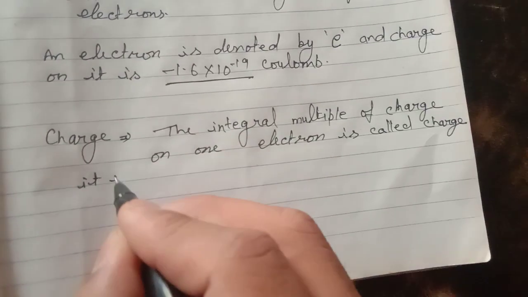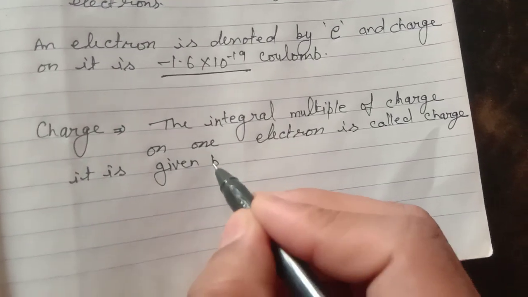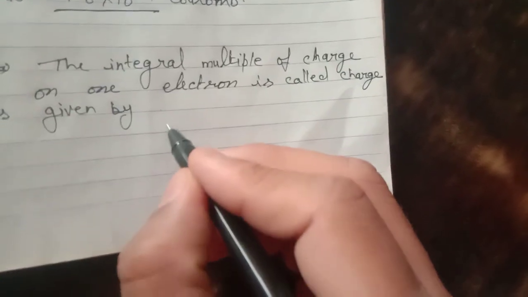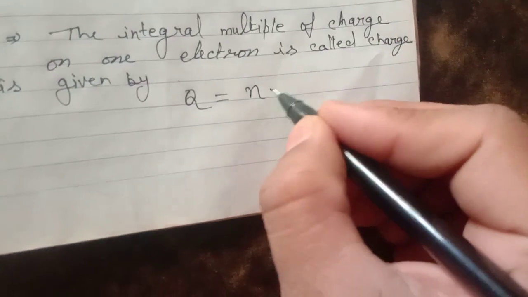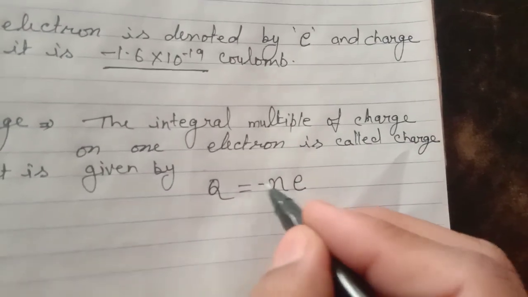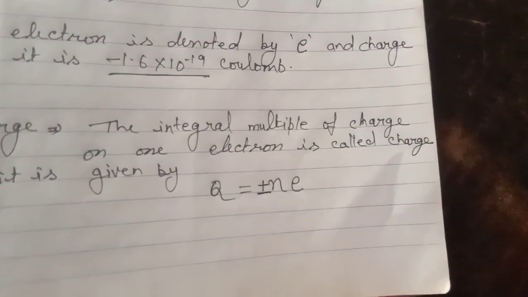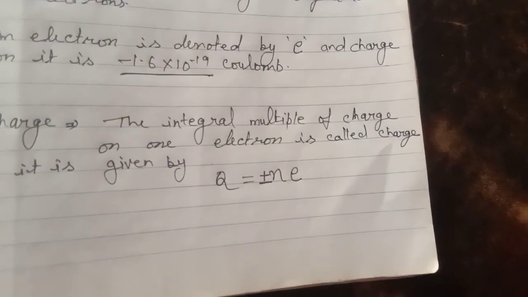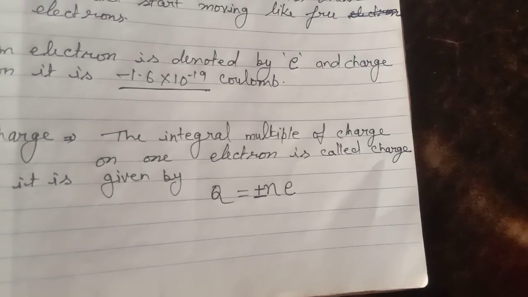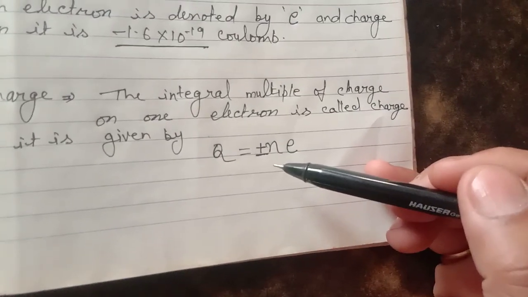It is given by Q is equal to NE. This may be positive or negative, because the charge on a proton is also plus 1.6 into 10 to the power minus 19 coulomb. So charge can be positive or negative.